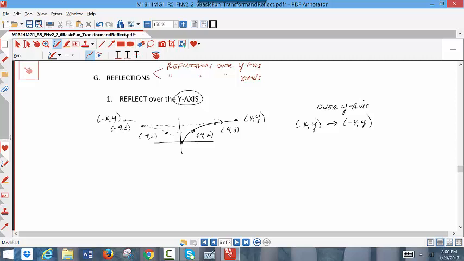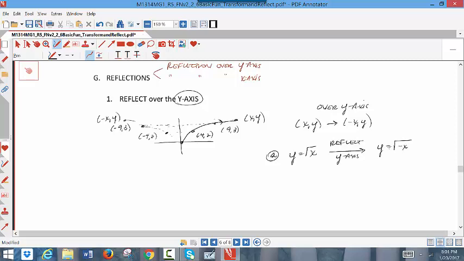So for instance now, if you have an example such as y equaling the square root of x, and you want to rewrite this equation reflected over the y-axis, then the y remains the same, but the x becomes negative x.